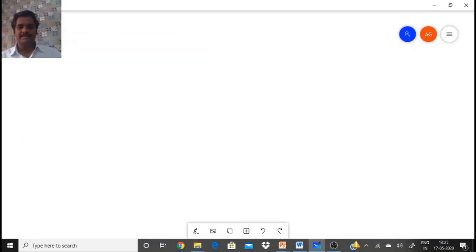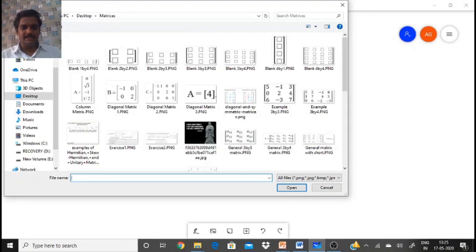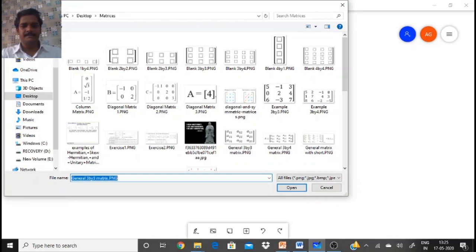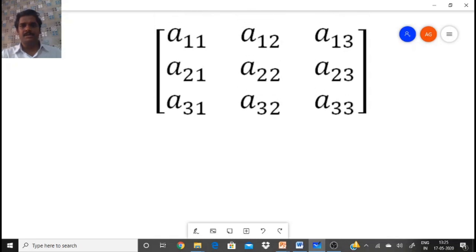Let us see an example of a 3 by 3 matrix and we will discuss diagonal and non-diagonal entries in that. So let us first of all have a general matrix of order 3 by 3. So here is your general matrix of order 3 by 3.